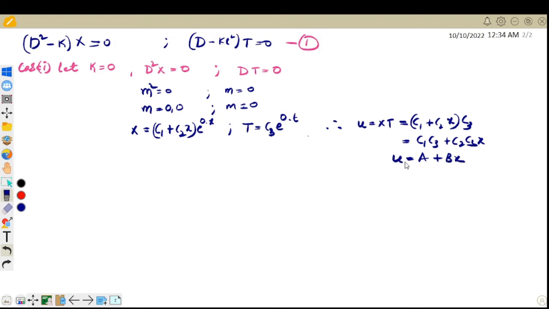A plus b x is the solution when k is equal to 0. Fine. Now let us go for case number 2.